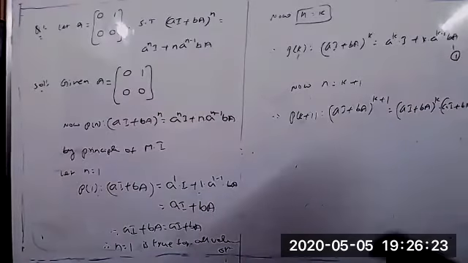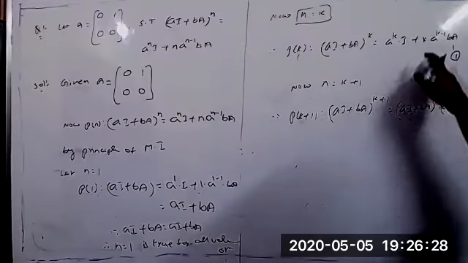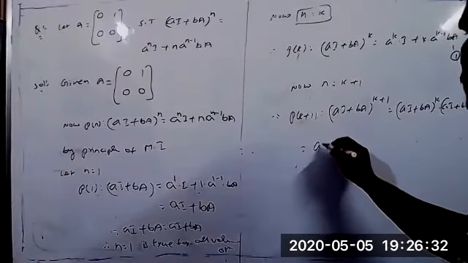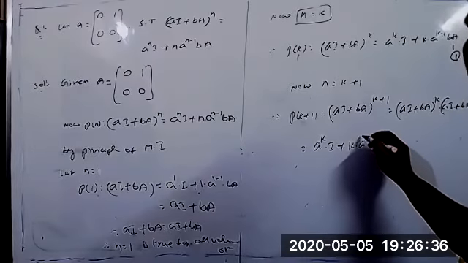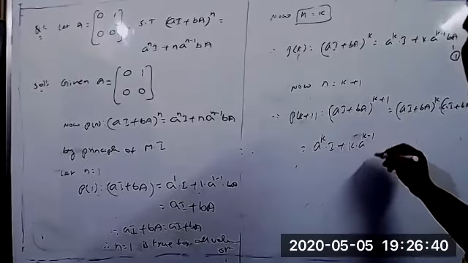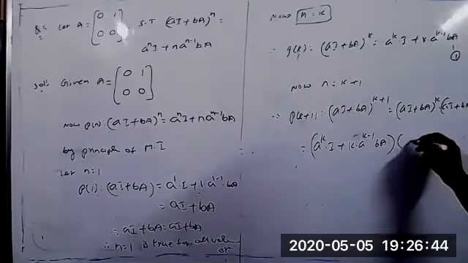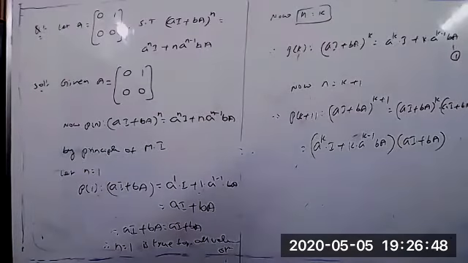Now (aI + bA) whole power k we already know from the first equation, so substitute here: (a power k into I plus k into a power k minus 1 into bA) into (aI + bA).